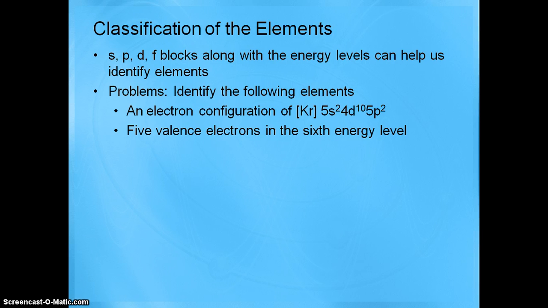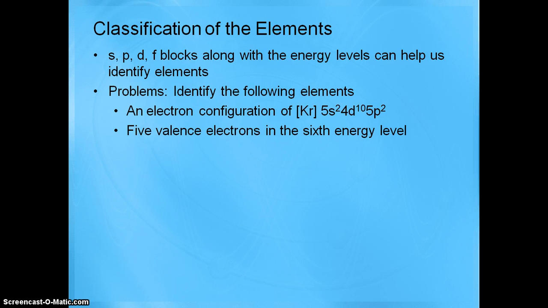Because there's a big 5 in the s, and the Kr from the noble gas means that I'm using krypton, and I'm down in the row below it. So we're building off of krypton's noble gas notation, and we're going all the way through. At 5p2, the p block is over here, and we are the second p.